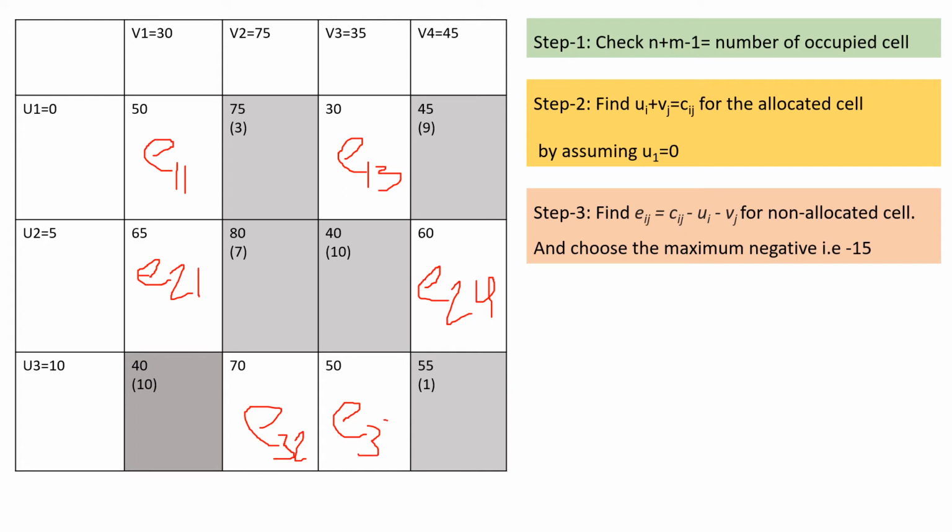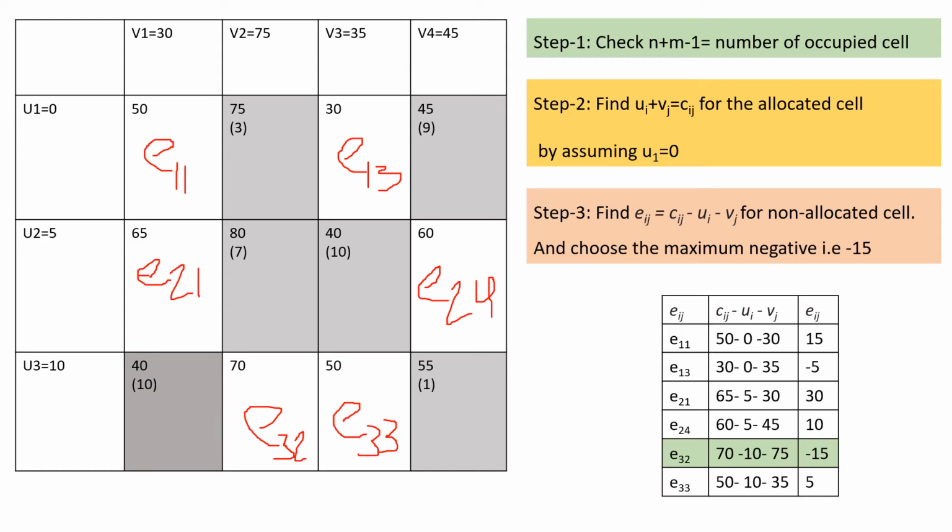We have calculated the E values using Cij minus Ui minus Vj, and the maximum negative value is minus 15, and the corresponding cell is E32.